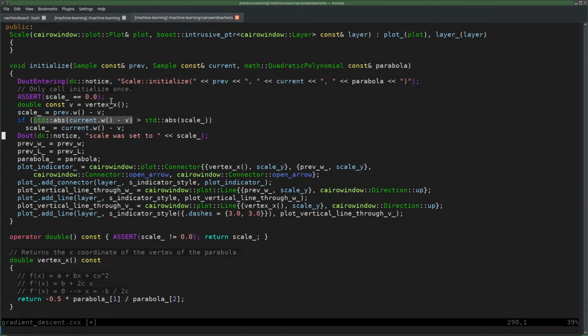Why would that be further away? Current, so we have previous. The only time it would do that is when I went uphill, so away from the vertex.